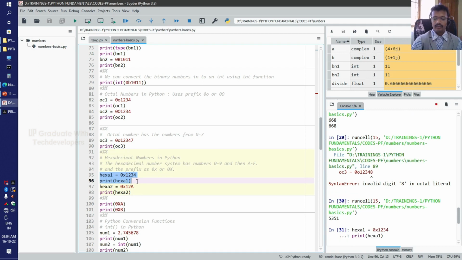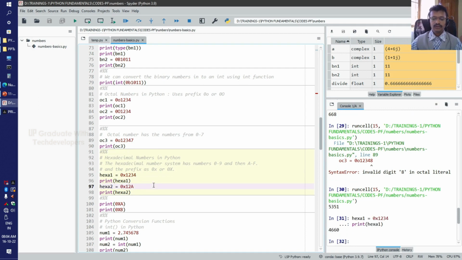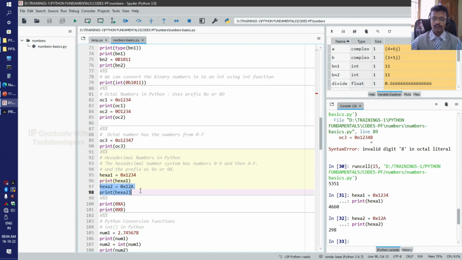Let us see how it will create. Here the hexadecimal 1 2 a is nothing but 1 2 and then 10. The hexadecimal value of 1 2 and then 10 is nothing but 298.